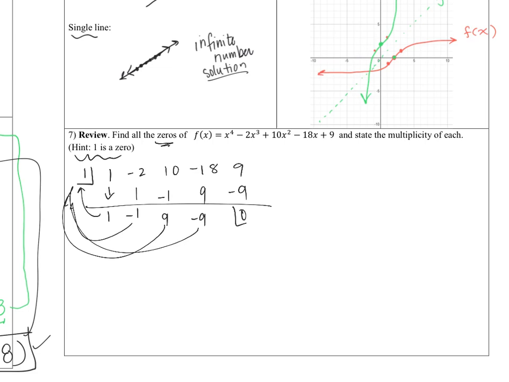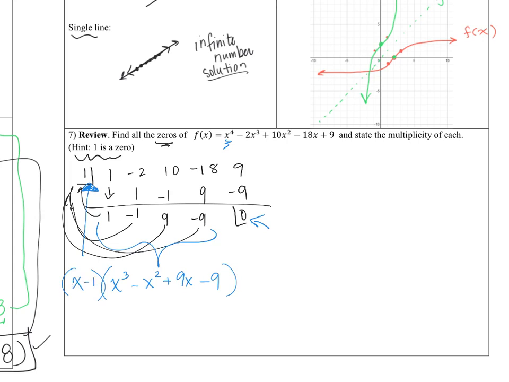So then the polynomial that's represented with these leftovers will be 1 degree less than where we were, and so that's x cubed minus x squared plus 9x minus 9. That times, since we used a 1 here and got 0, 1's a zero, so the factor is x minus 1.